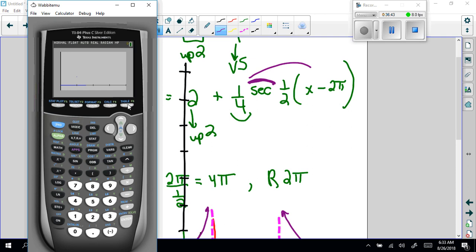Uh-oh. Are we in the wrong mode? One divided by cosine 0.5 x. Zoom. When in doubt, 7. There we go.